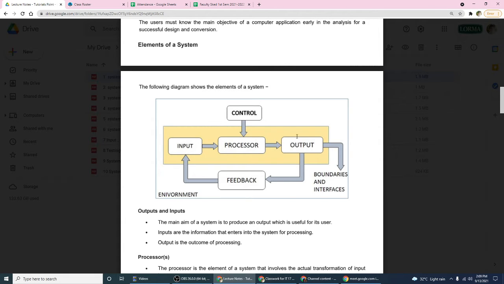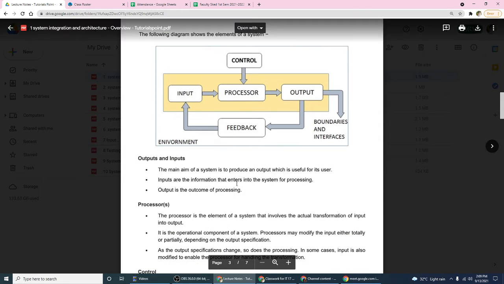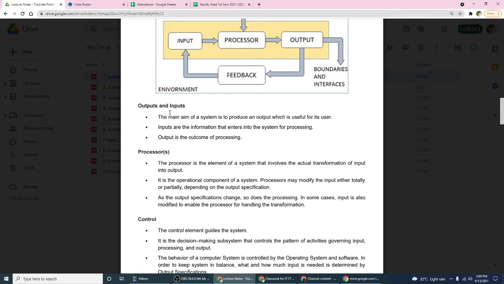Once the system is correct and you don't have any problem, then you can implement your system. So we have the boundaries and interfaces.